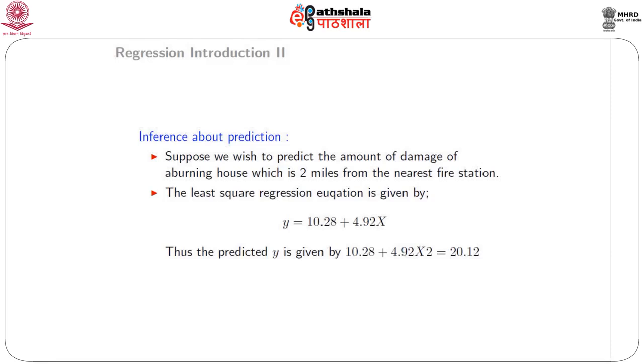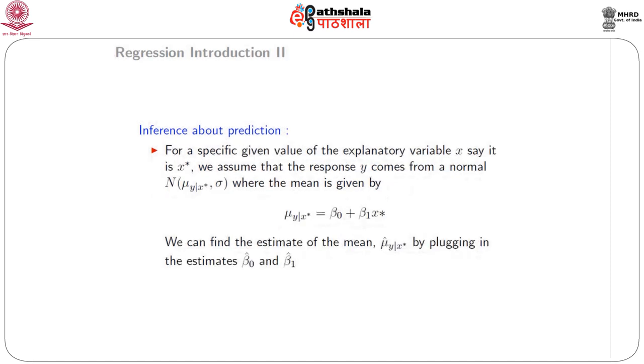And we wish to predict the amount of damage of a burning house which is 2 miles from the nearest fire station, which means the distance, which is our independent variable, takes the value 2. So, plugging in that value of x here, the predicted y is given by 20.12.